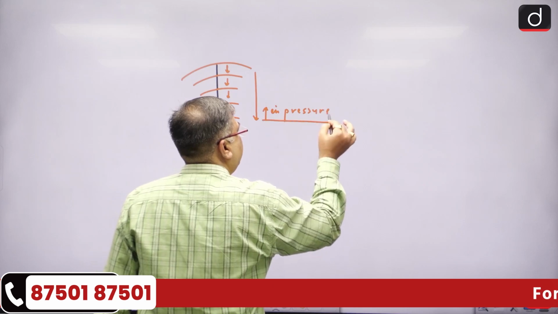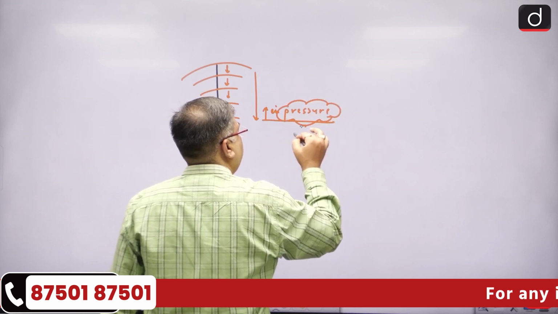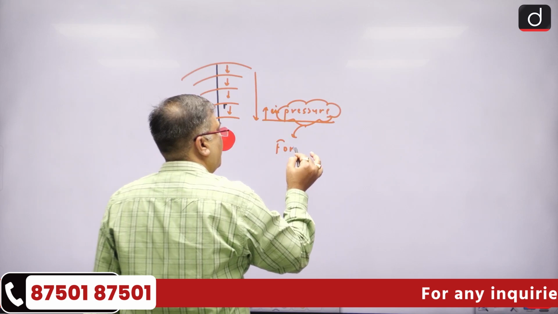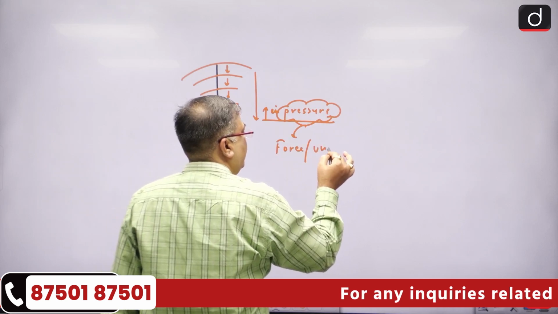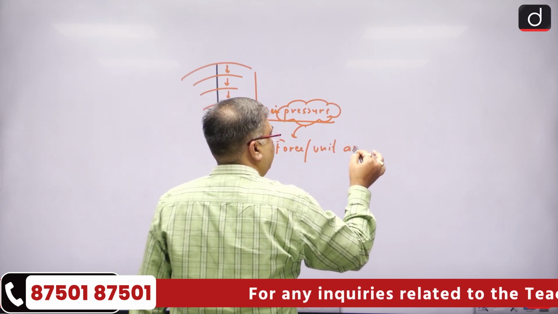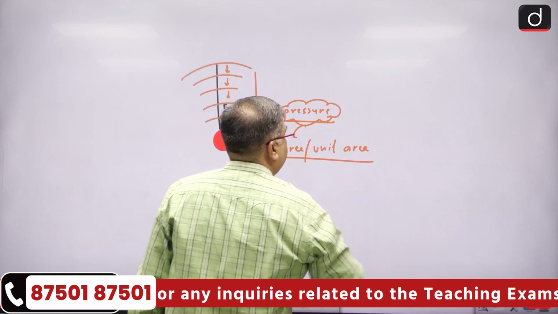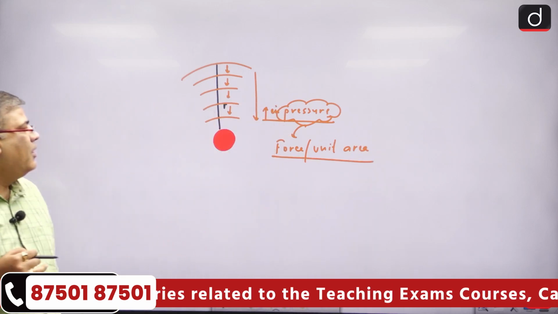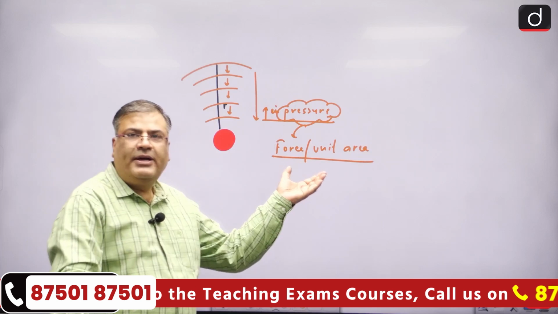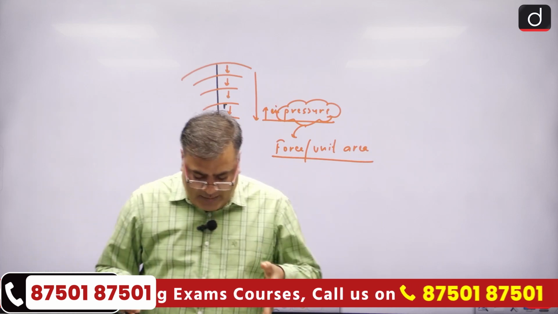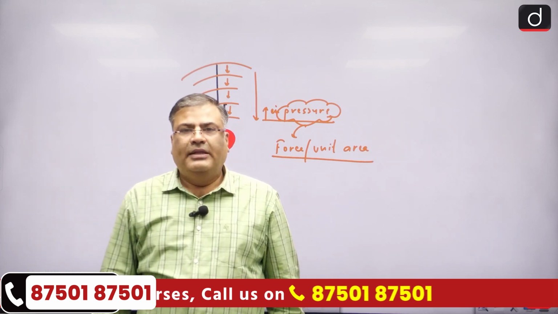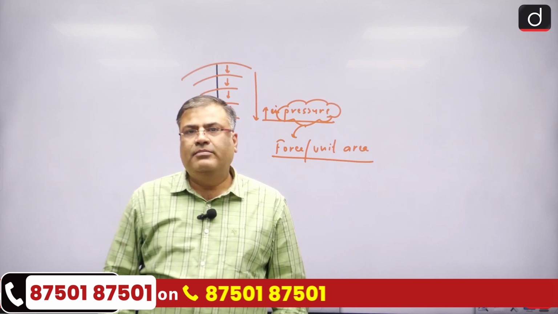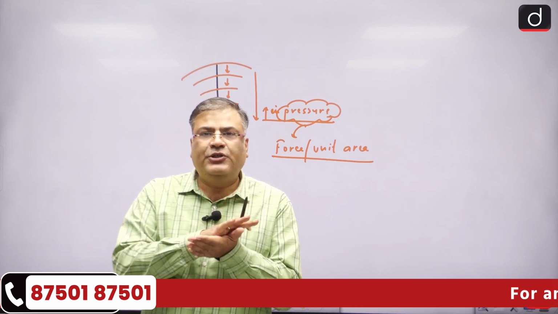And what is pressure? As I said, pressure is actually force per unit area. So if I am standing over here, then on the floor I am exerting a certain amount of pressure.